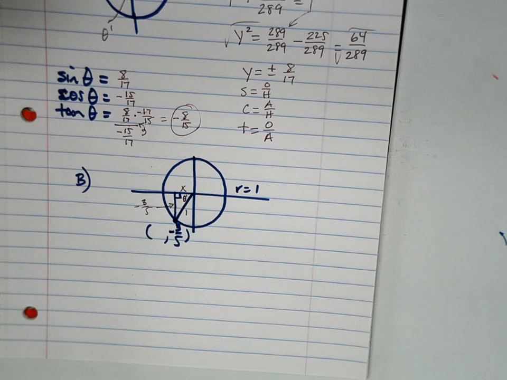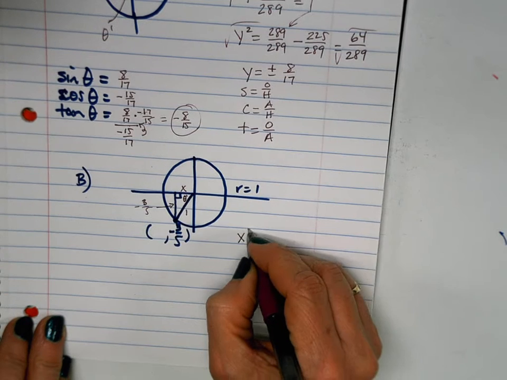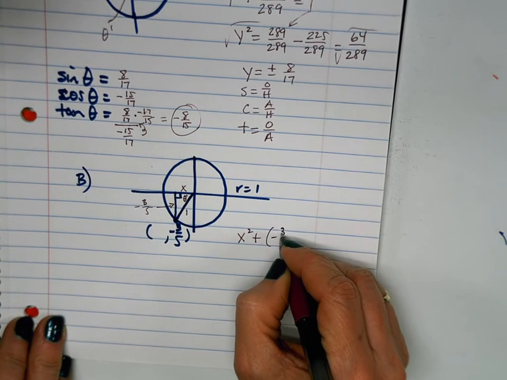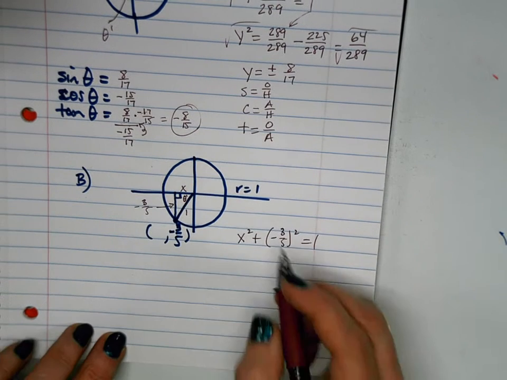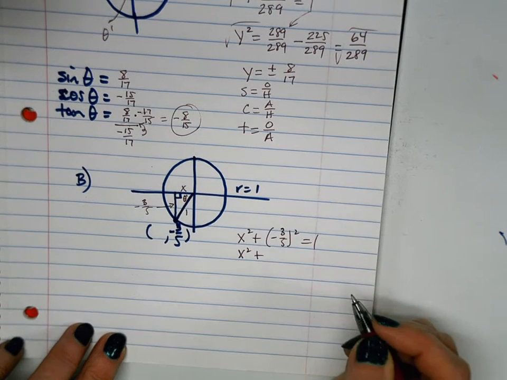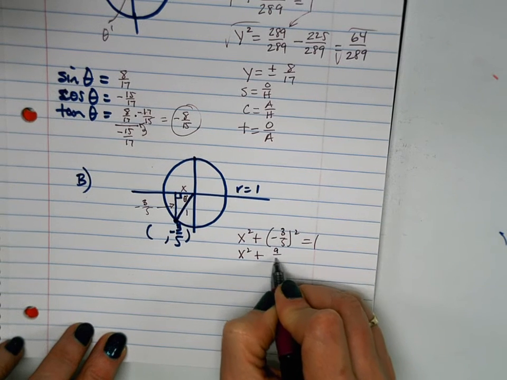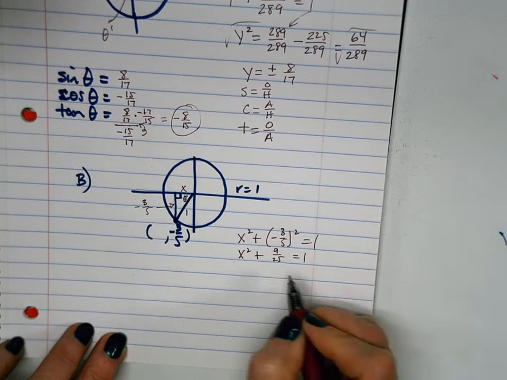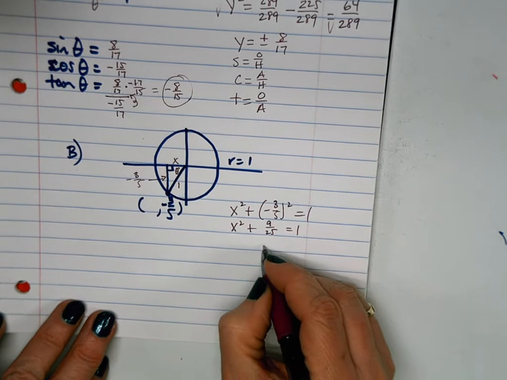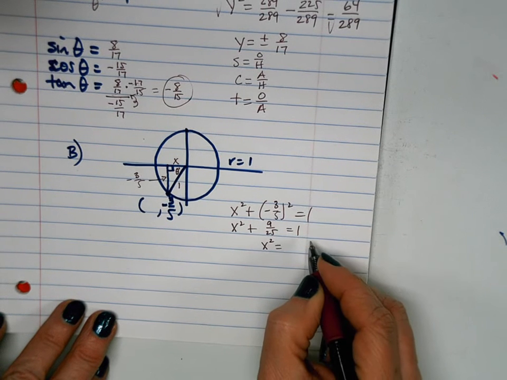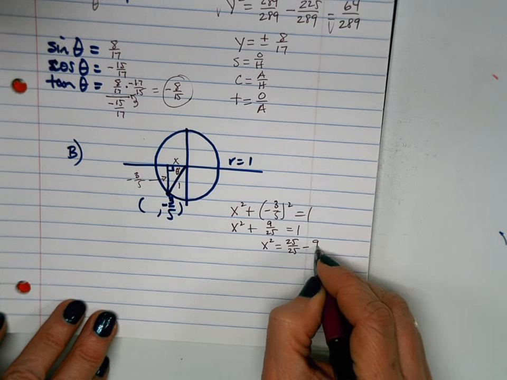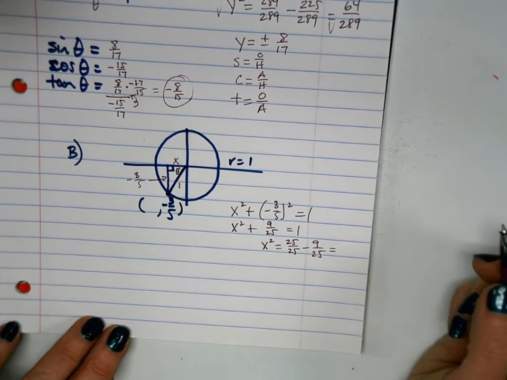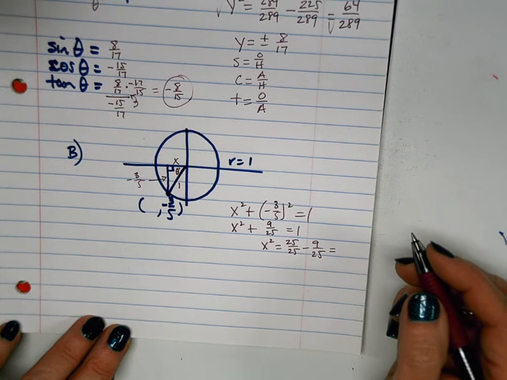Okay? So again, Pythagorean theorem, right? So I'm going to set it up: x squared plus -3/5 squared equals 1 squared, which is just 1. What would -3/5 squared be? 9/25. Okay, and then we're going to subtract the 9/25, and at the same time, let's switch 1 to 25/25, so we have a common denominator. 25 minus 9? 16.